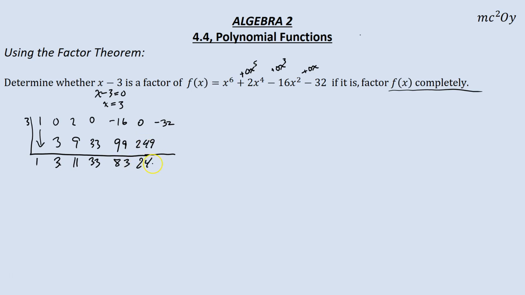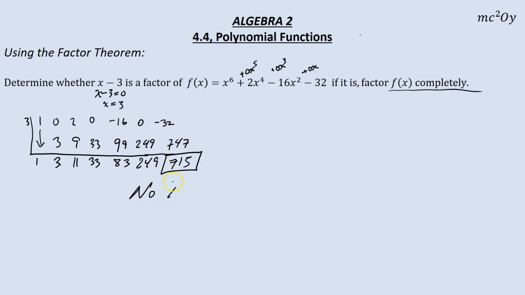Okay, and that gives me 249, and then 3 times 249 is 747. Which gives me a remainder of 715. This is not a factor. So we don't have to go any further.